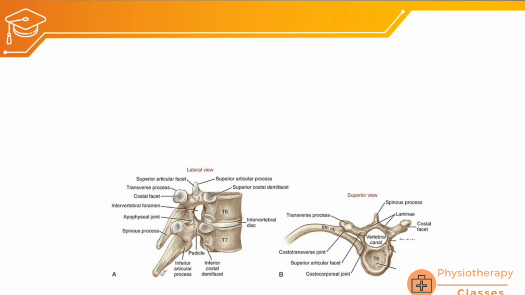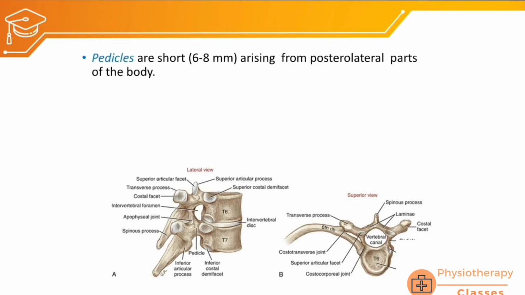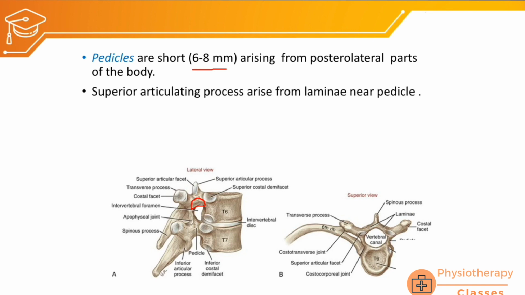Some of the other features that are the same for these typical vertebrae are that the pedicles are short. They are about 6 to 8 mm, arising from the posterior lateral part of the body. So these are the pedicles that arise from the posterior lateral part of the body. The superior articulating process arises from the lamina near the pedicle.